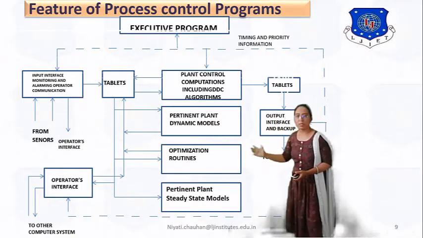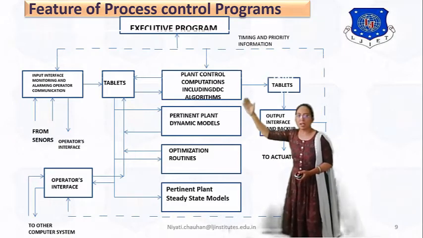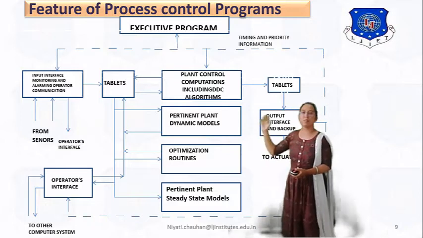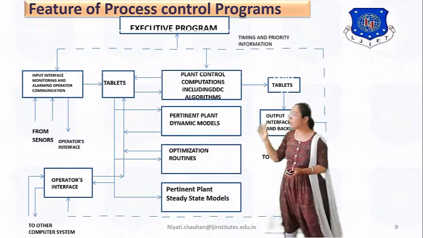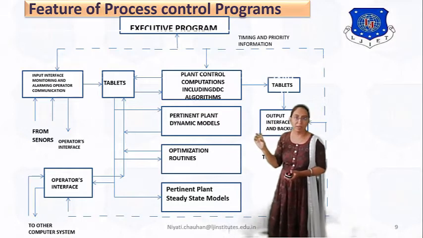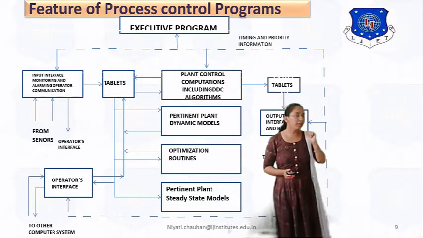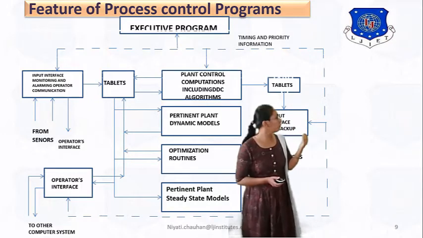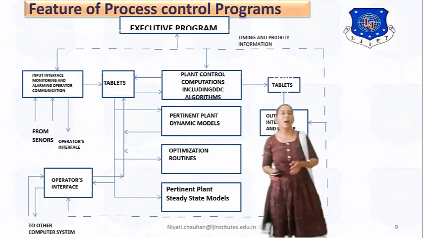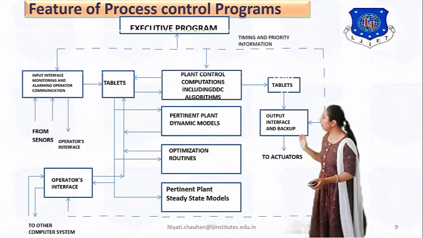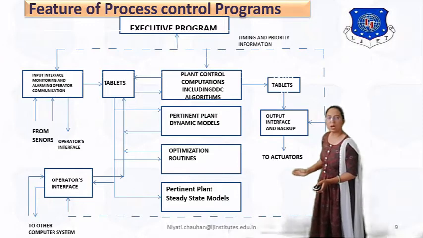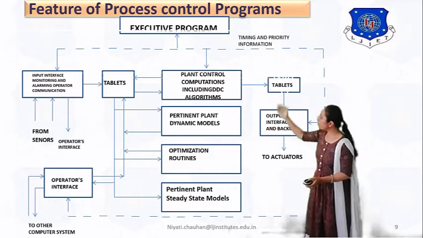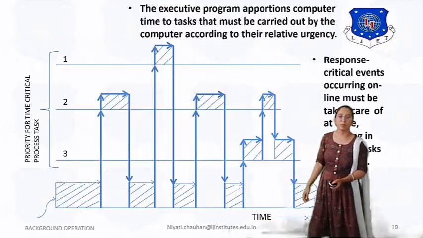From the operator's interface we send data to these 4 blocks, then data is sent to the input module. On the other side, plant control computation data is sent to the output interface and backup, and then to the actuator. So here you can see the features of process control programs.